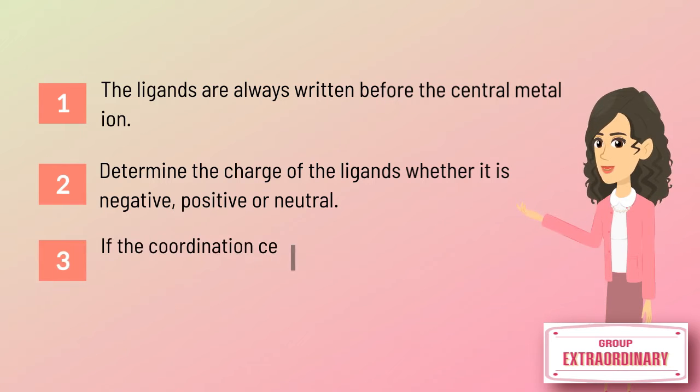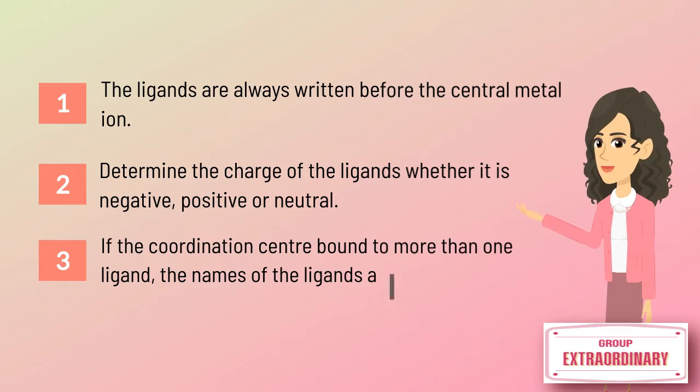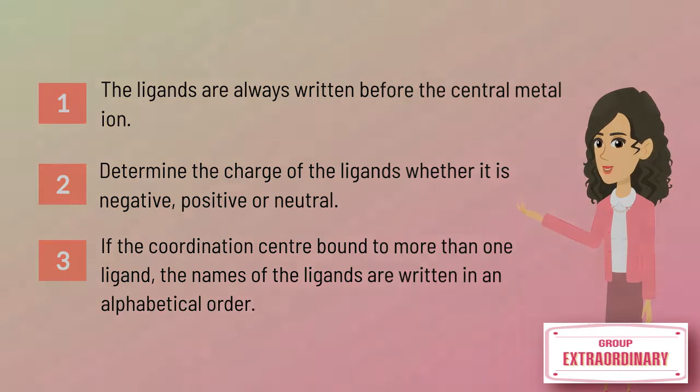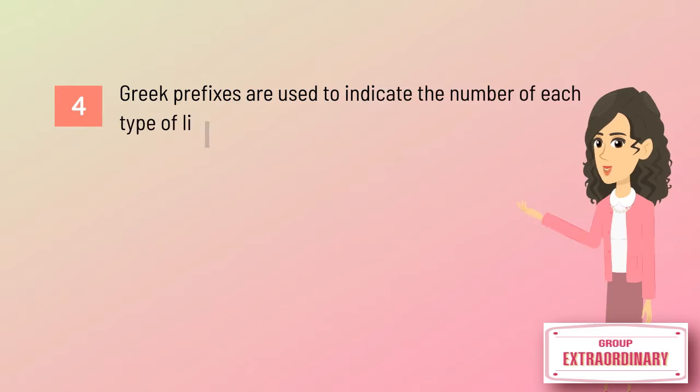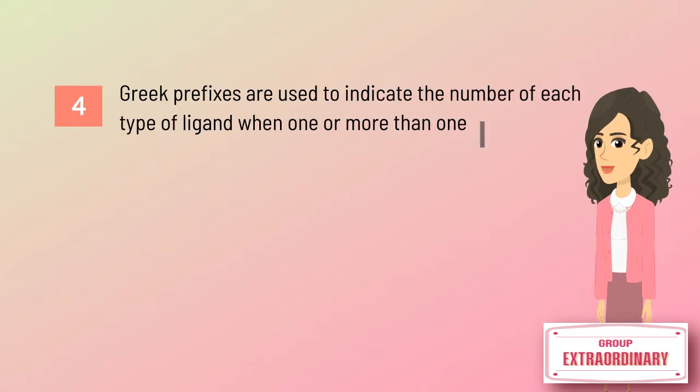If the coordination center is bound to more than one ligand, the names of the ligands are written in alphabetical order. And rule number 4. Greek prefixes are used to indicate the number of each type of ligand when one or more than one is present in the complex. Rule 5.